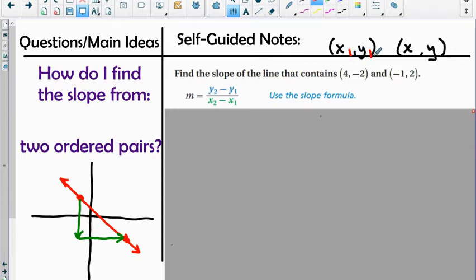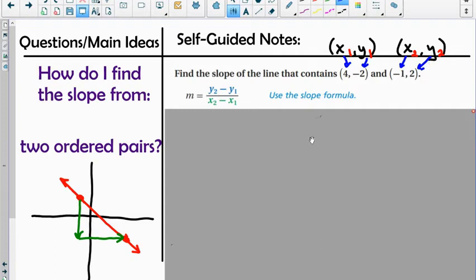So x sub 1 and y sub 1 come from the first set of coordinates, and x sub 2, y sub 2 comes from the second set of coordinates. So for our example, x sub 1 is 4, y sub 1 is -2, x sub 2 is -1, and y sub 2 is 2.